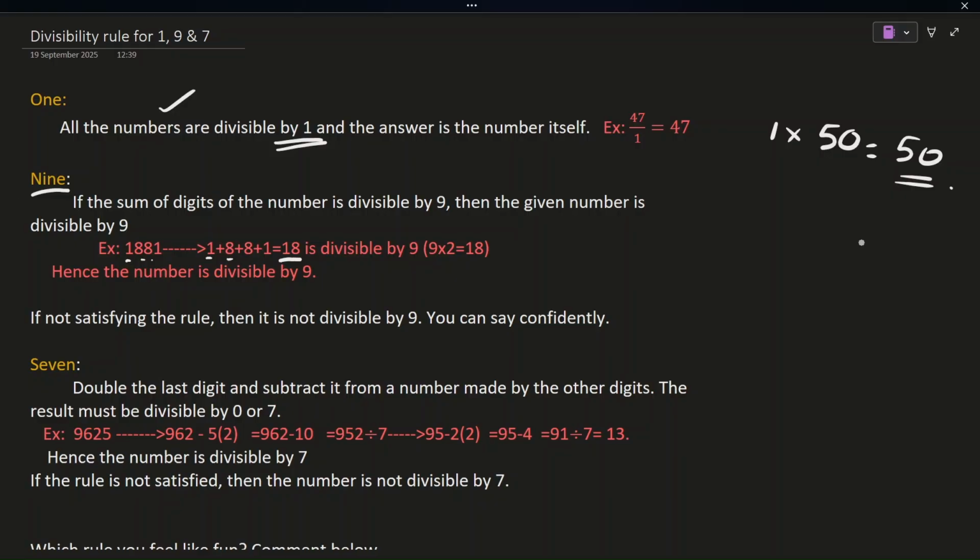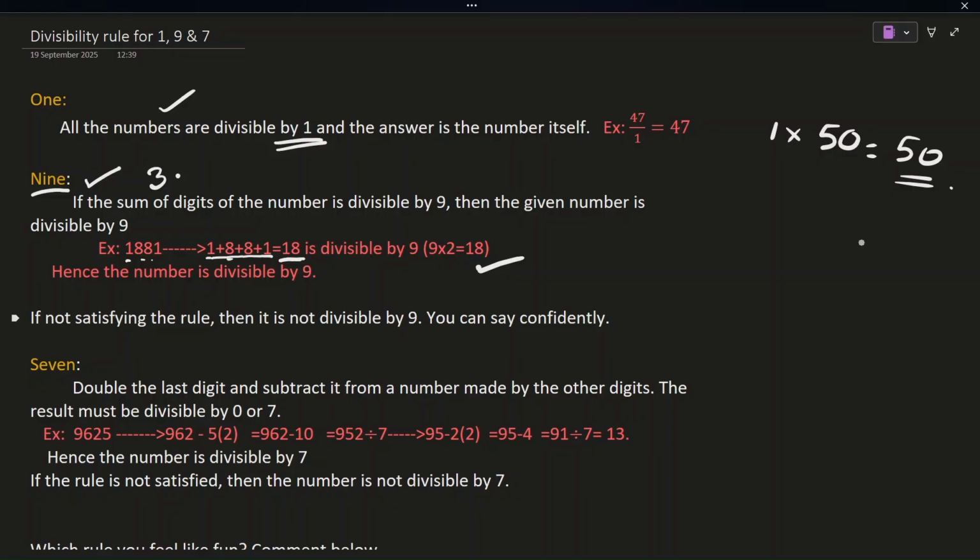So this is how we find the divisibility rule for 9. For 3, after doing the sum, the answer should be divisible by 3. Like that, for 9, the sum should be divisible by 9. If the rule is not satisfied, then the number is not divisible by 9.